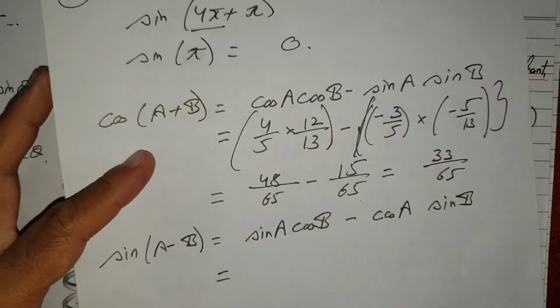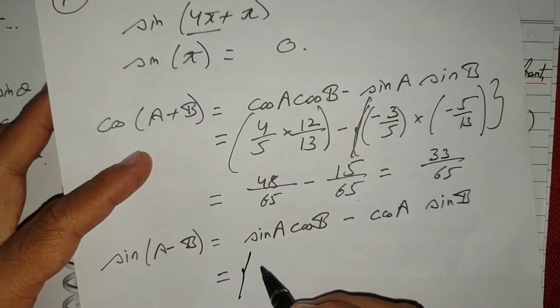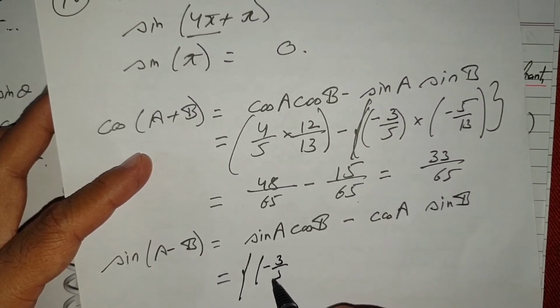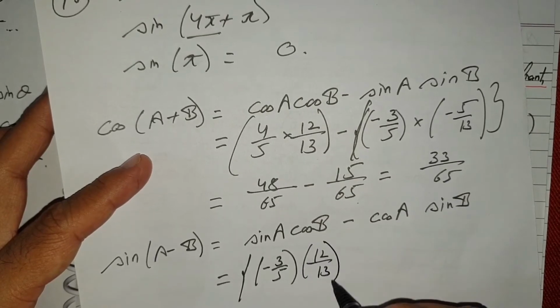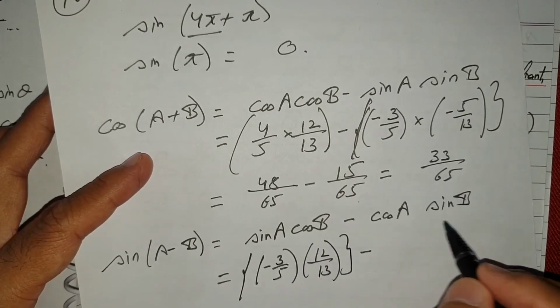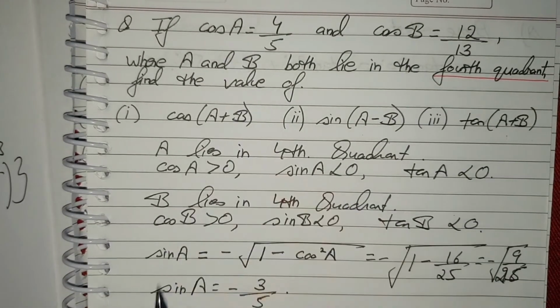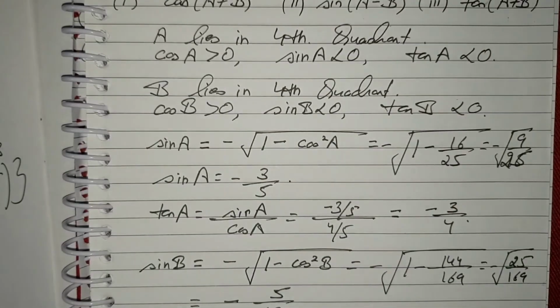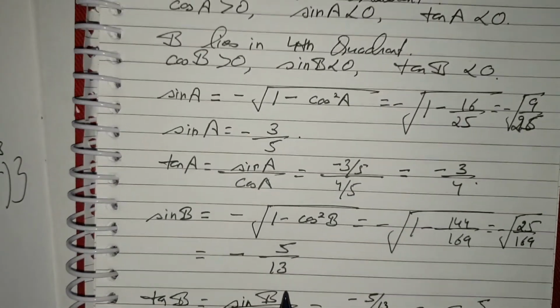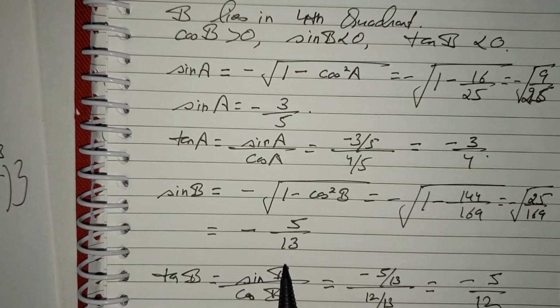So minus 3 by 5 into 12 by 13 minus cos A sin B. What is cos A? Cos A is 4 by 5. Sin B is minus 5 by 13.